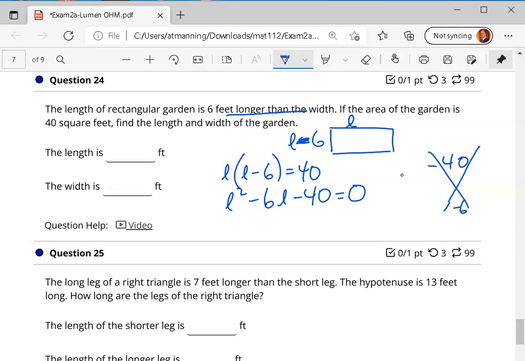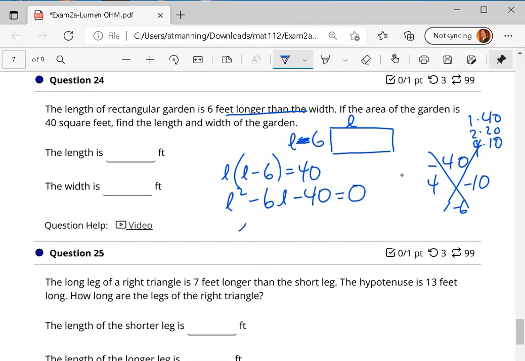Well, 40 is 1 times 40, 2 times 20, 3 times 10, what is it? No, not 2 times 10. 4 times 10. There is no factor of 3. Oh, look at that. 10 minus 4 gives us 6. So a negative 10 and a 4 will give us that factor.